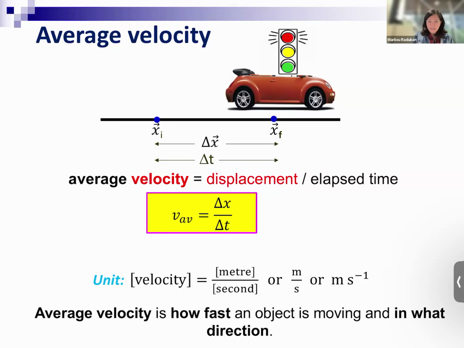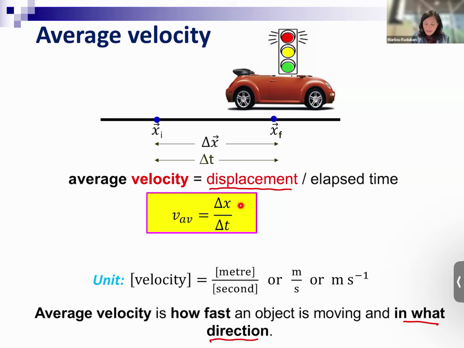Okay, for velocity, velocity is only different from speed in that the direction is important. So average velocity is how fast an object is moving with the additional information about direction. So for us to incorporate the direction, the average velocity is then defined using displacement, because as we learned earlier, displacement requires direction.